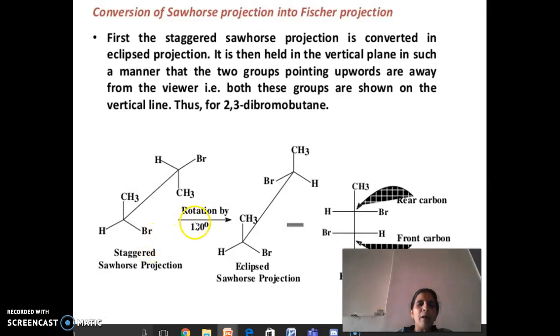It is rotated by 180 degrees to get the eclipsed conformation. Then the molecule is held in a vertical plane, and two groups pointing upwards are away from the viewer, and these are shown by the vertical line, and the other two are shown by the horizontal line.